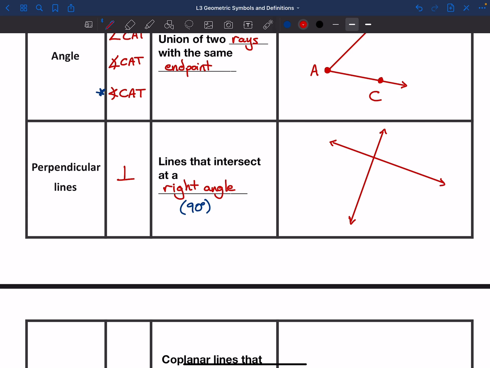So don't spend like 4 hours trying to get a perfect perpendicular line, right? What we're going to do is add in one more symbol to this that shows us that it is definitely 90 degrees, that it is a right angle. So you may have seen this before. We're just going to draw a little boxy square corner in there, right? That is telling us that that is a 90-degree angle there, right?